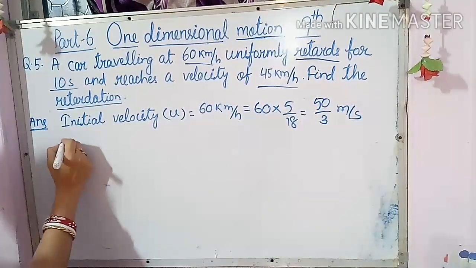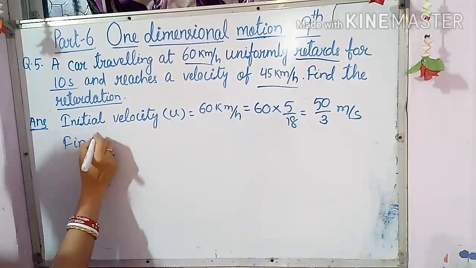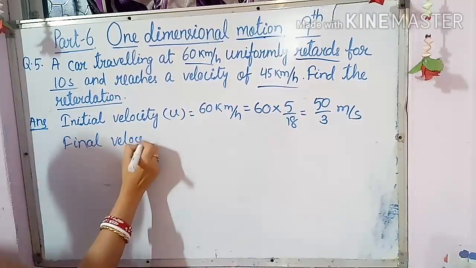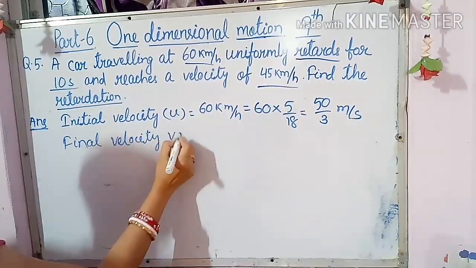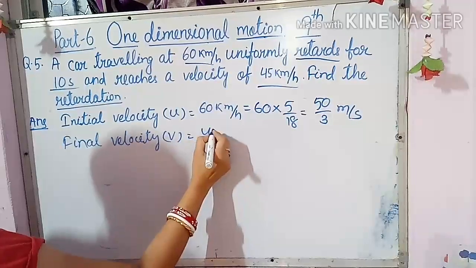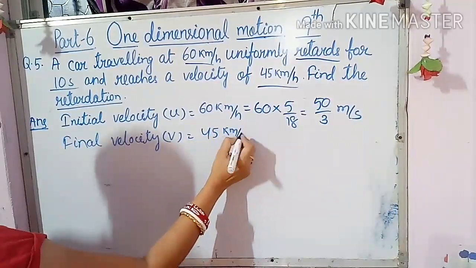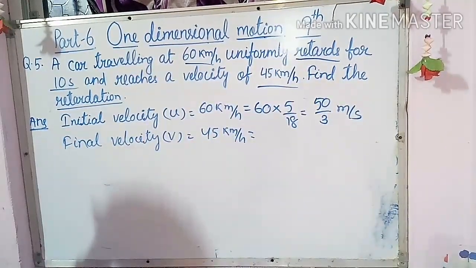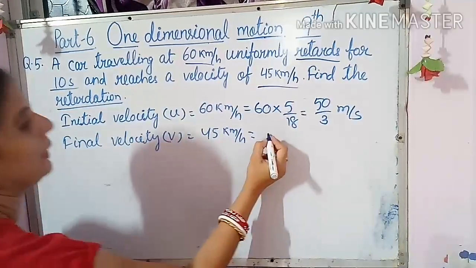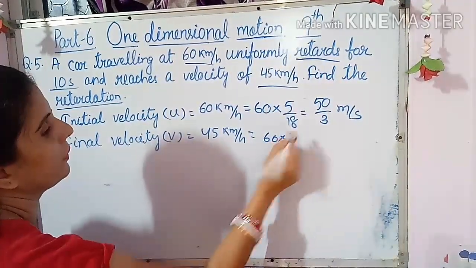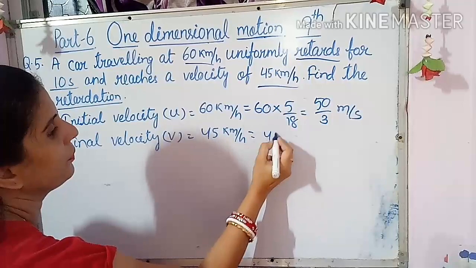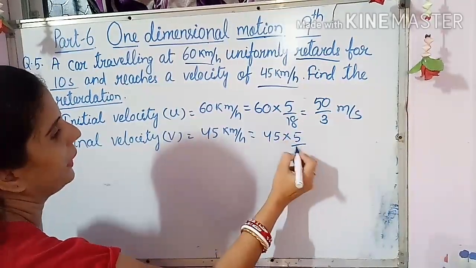Now final velocity V. What is given? 45 km per hour. Now in the same manner, you can calculate 45 into 5 by 18.